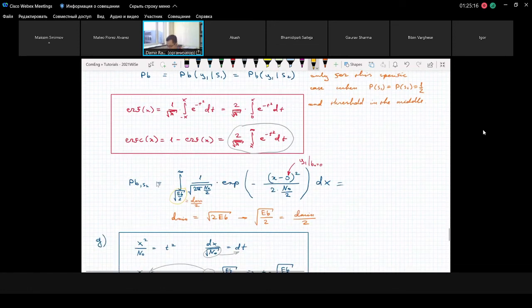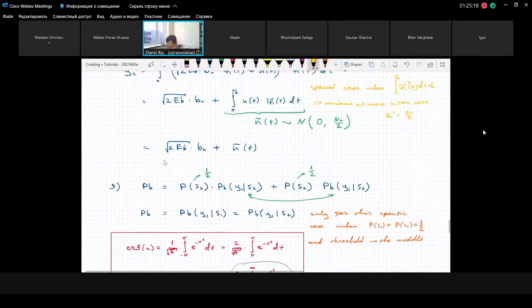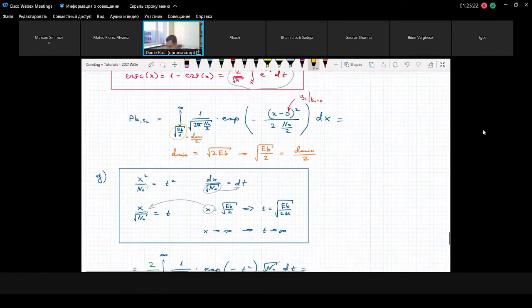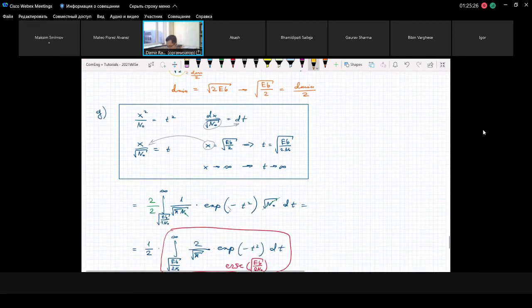Here is my original integral. Then I change the shape of this integral so that it matches the definition of the error function.